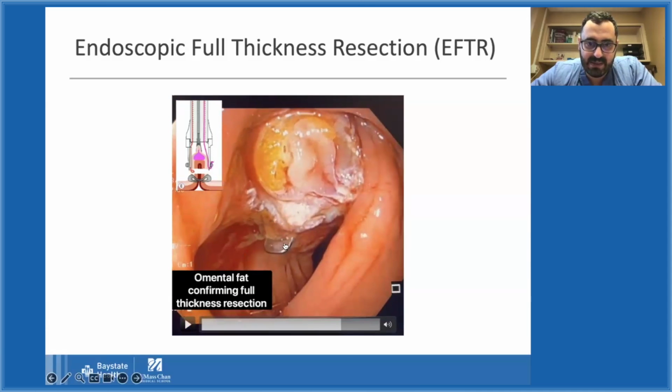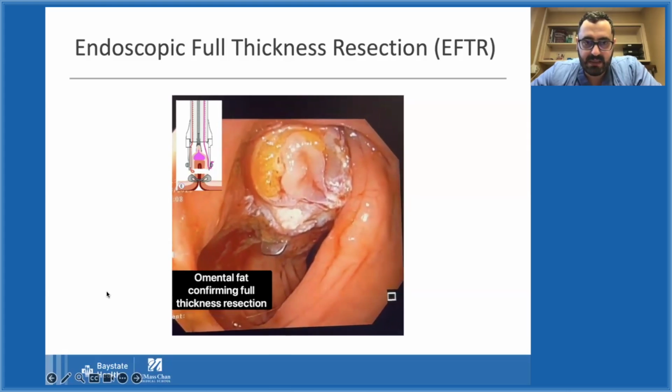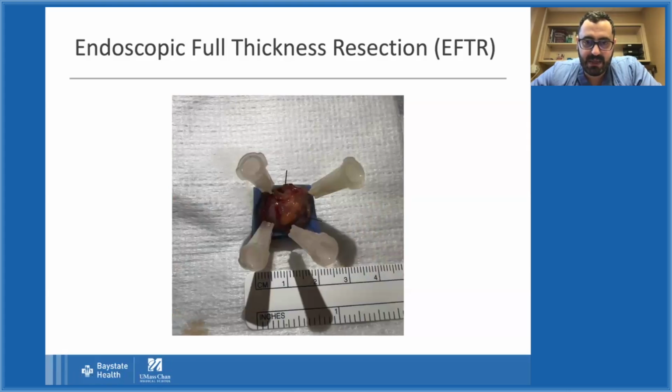You can see here a part of the clip. Unfortunately, it's buried, so you can't see all of it. And you see this yellow fat tissue, which is actually the fat outside the colon. The polyp came out, and the pathologist confirmed that it was completely removed.